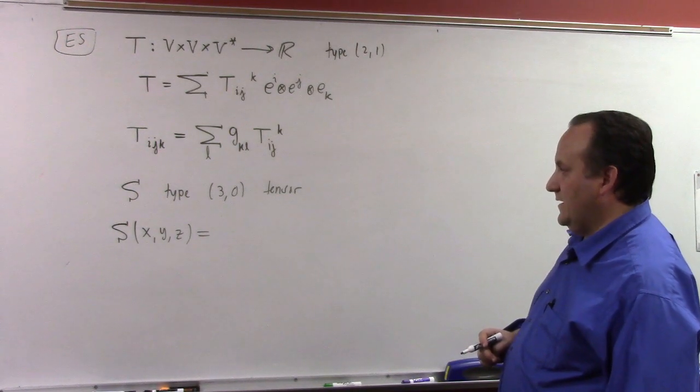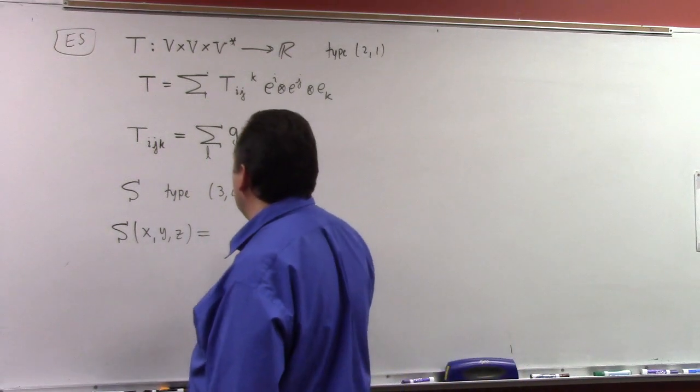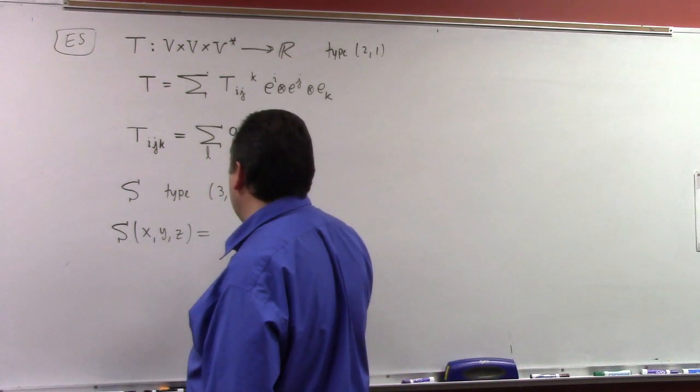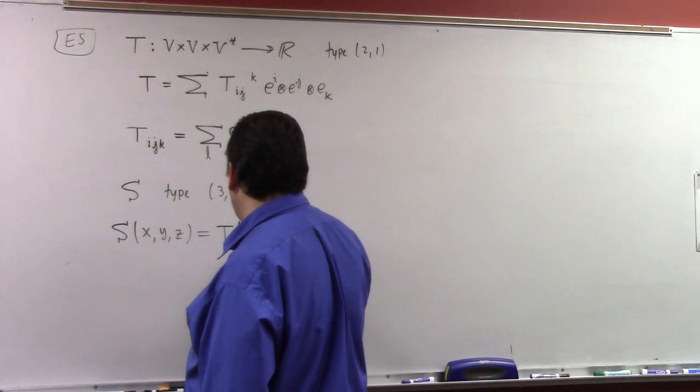I think I can do it. I could be wrong about this, but let's try it out. It should be T of x, y. That stays the same, right?